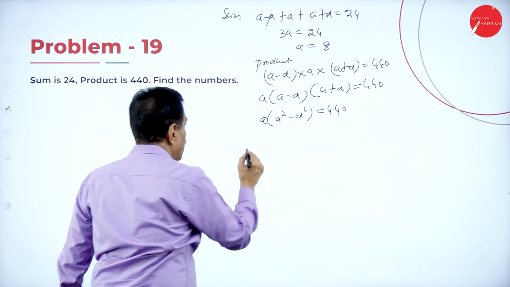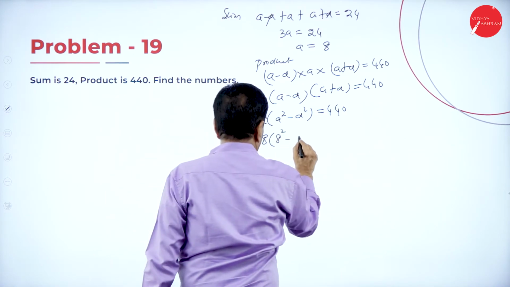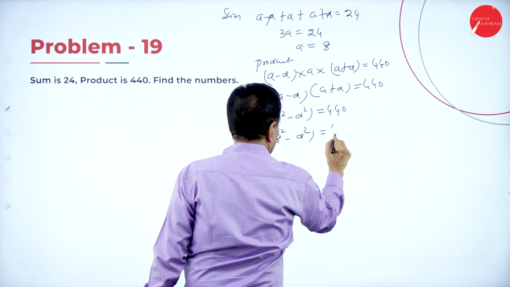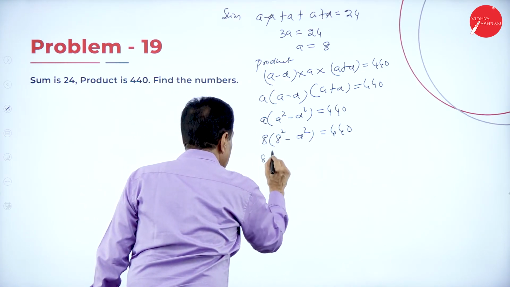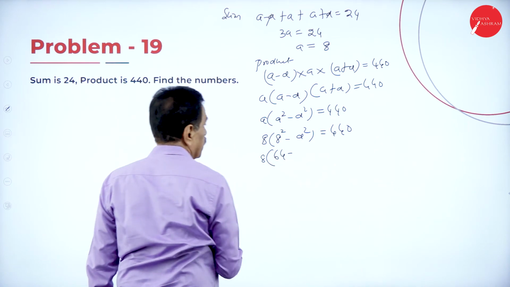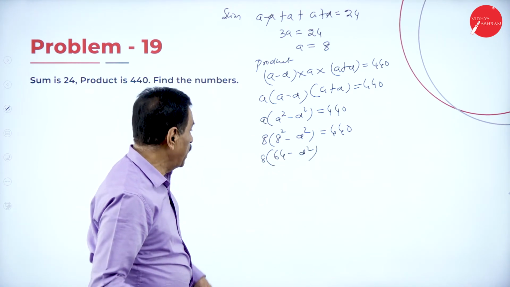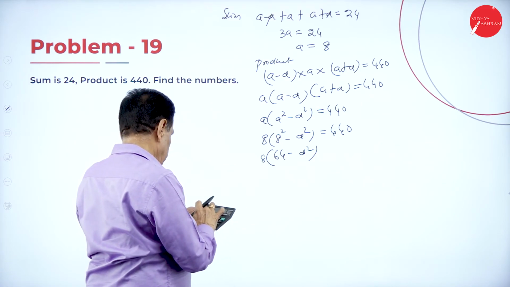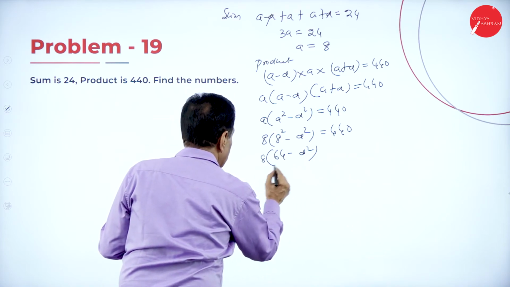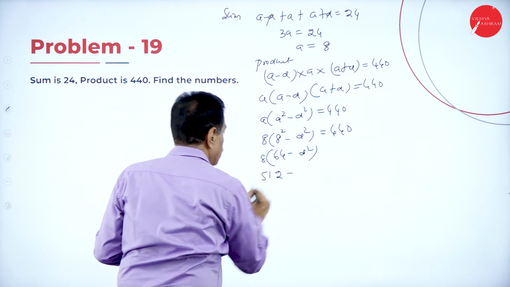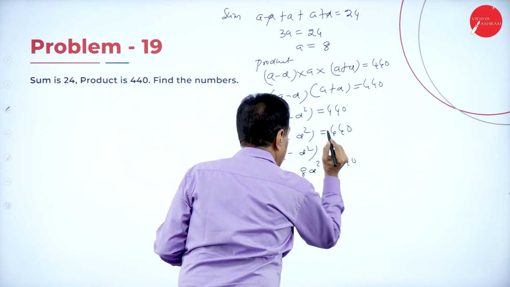So what is A? 8 square minus D square is equal to 440. 64 into 8, 512, minus 8D square is equal to 440.